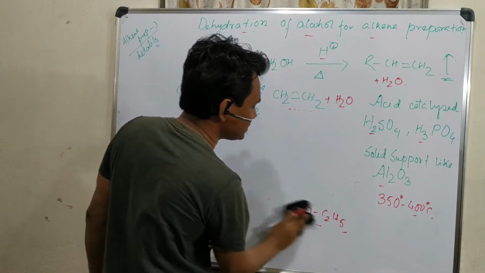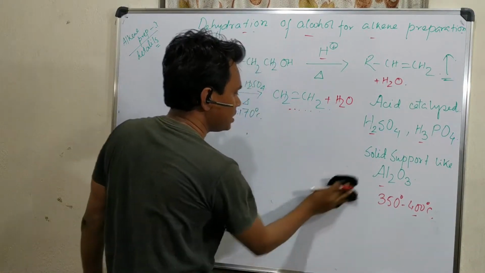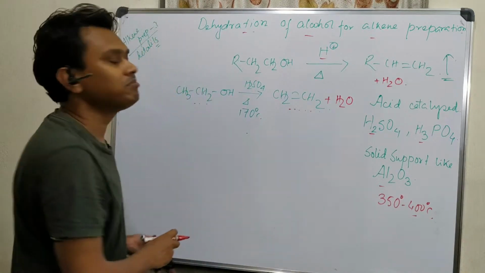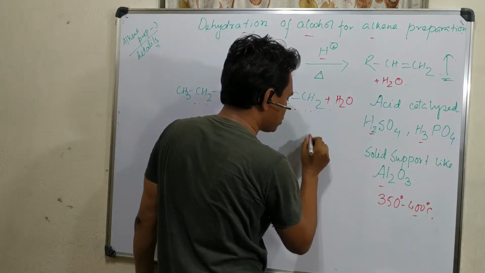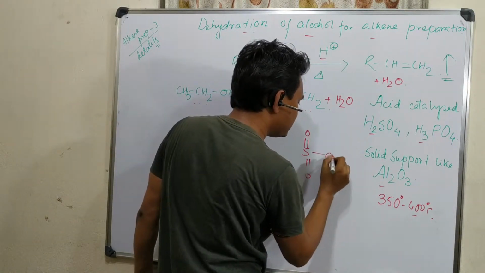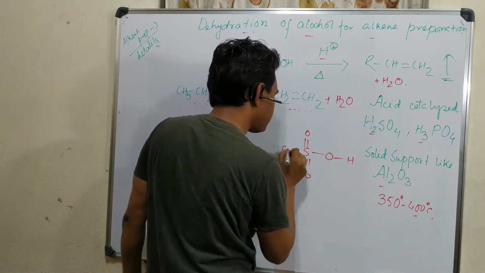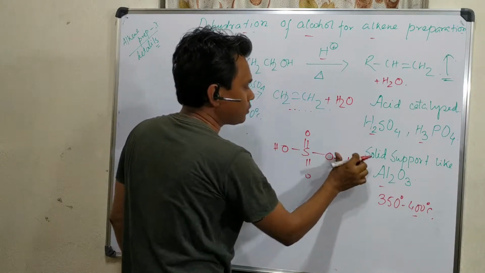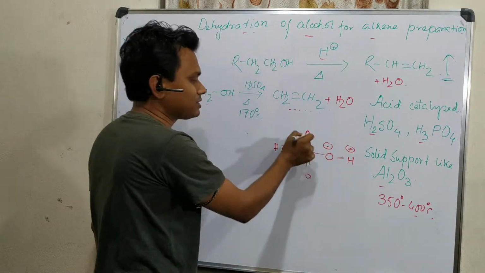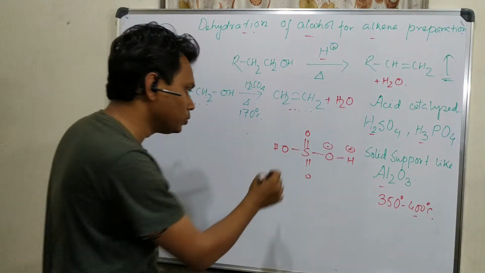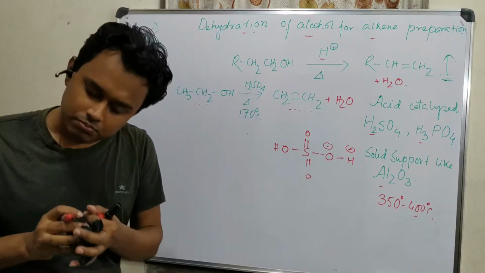Right now we will discuss the mechanism. Today we mainly discuss the mechanism. We know sulfuric acid is a very strong acid because it removes one proton and produces O minus and H plus, and this O minus is resonance stabilized by 3 groups.